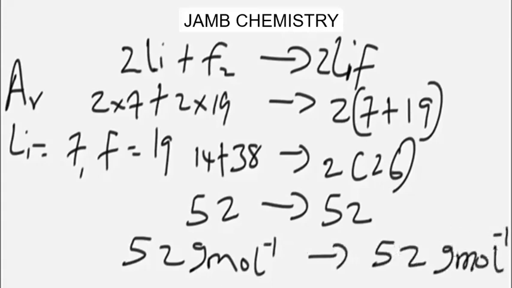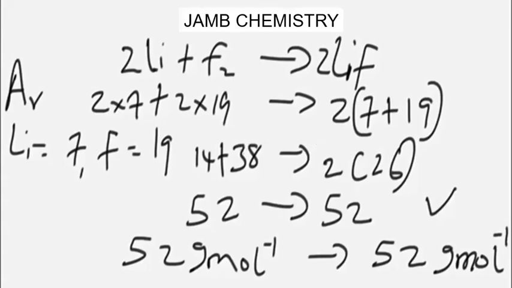If you observe, you will see that the total relative formula mass or molar mass on the left hand side of the equation is equal to the total relative formula mass or molar mass on the right hand side. So mass is conserved. It's as simple as that, guys. This is the idea behind conservation of mass. So let me give you a practice question to ensure that you have understood this topic, and after that you can call it a class.